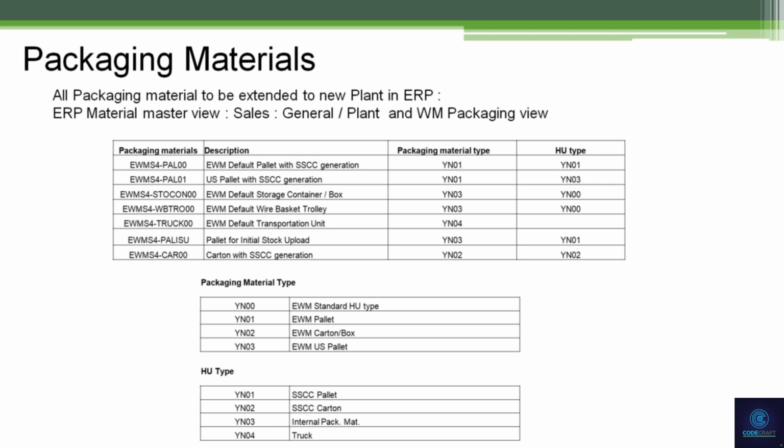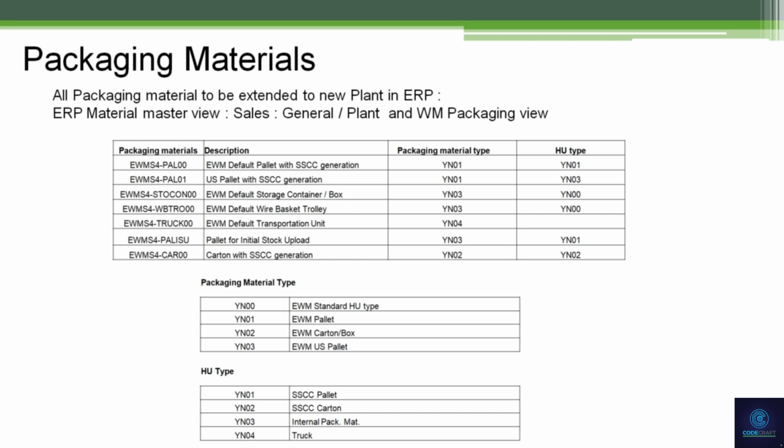Let us now extend them to general plant view for our plant PL23. We will make sure while extending these products that the packaging material type is the same as it is maintained in the template warehouse 1710. So some of them are YN01 pallet, some of them are YN03 pallet.